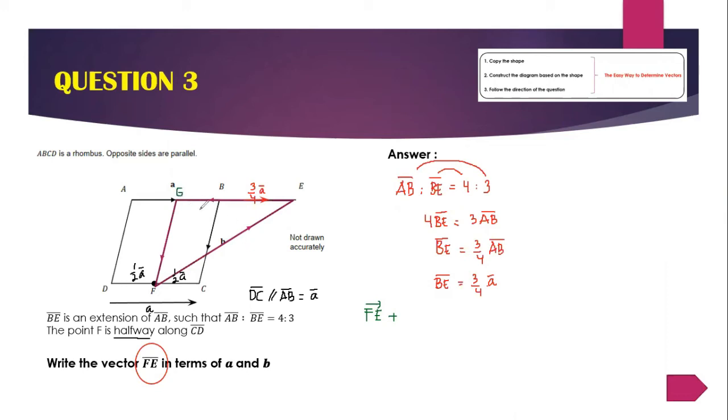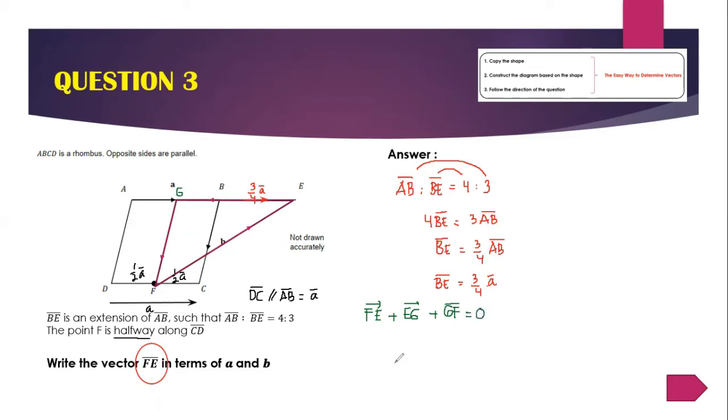We name this one G. So FE plus vector EG, from E to G, and then plus vector GF equals 0.